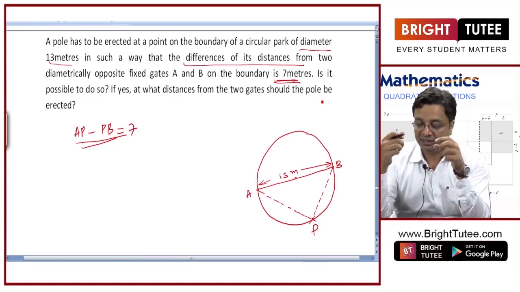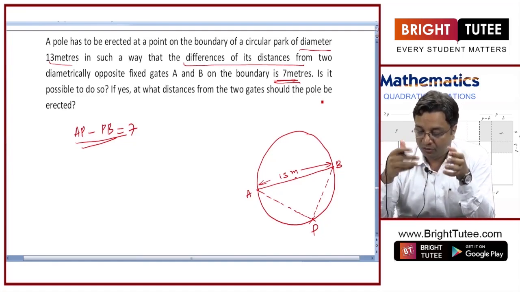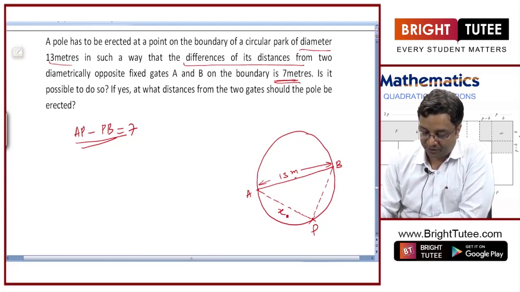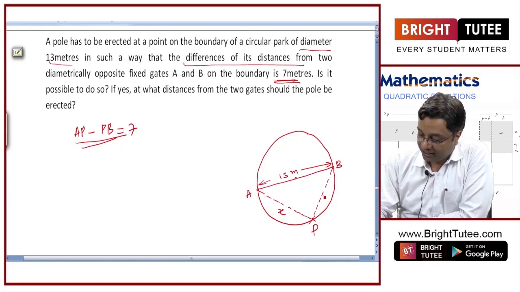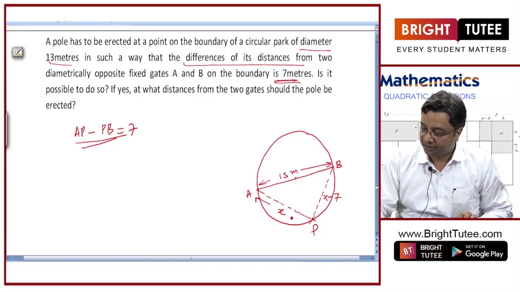So first of all, let's go to the first question. Is it possible to do so? What we will do is, let's take one distance as x. So the other distance will be equal to x minus 7, because the difference here is 7 meters.